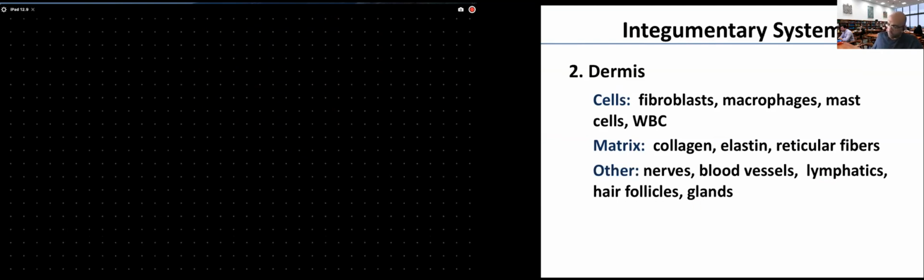So if we are looking at the dermis, what are the different types of connective tissues that we've discussed that are located in the dermis of the skin?